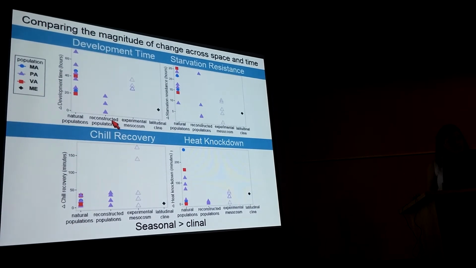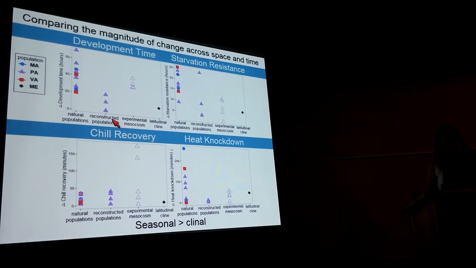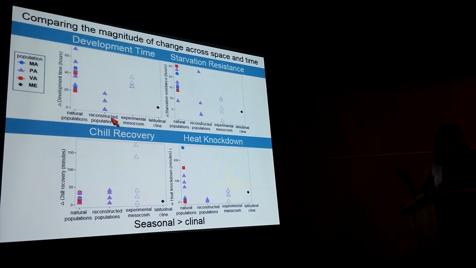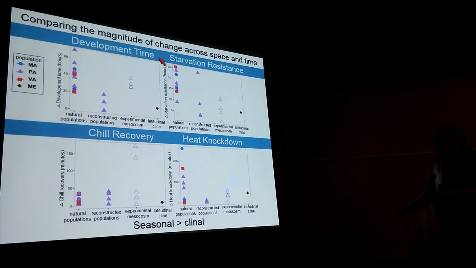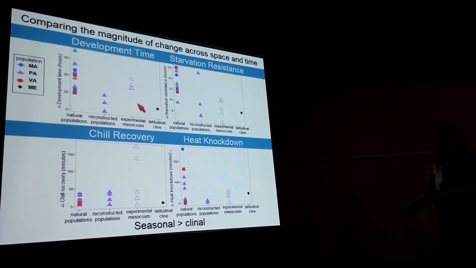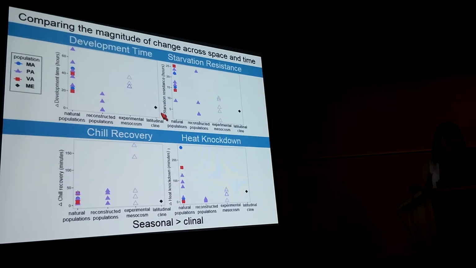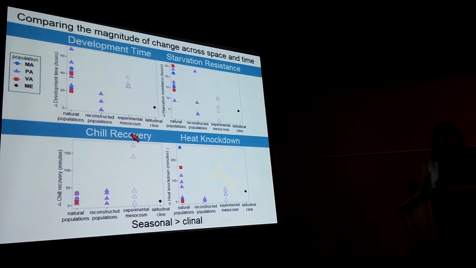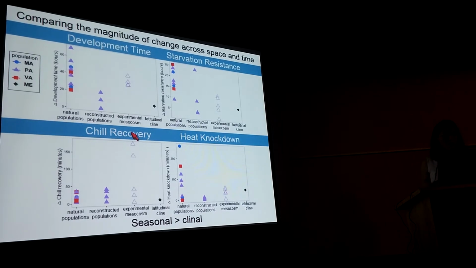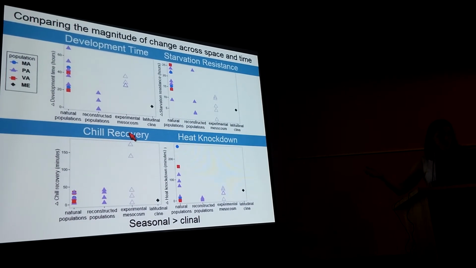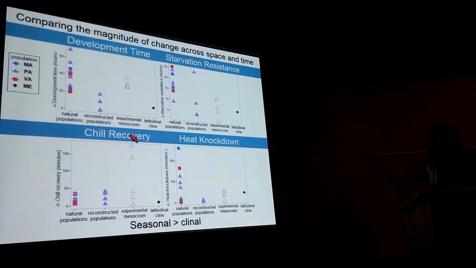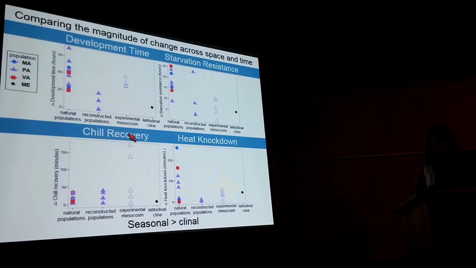It's lower in the reconstructed populations, and that may, to some degree, affect adaptation, the release of selection pressure of being in the lab. In the natural mesocosms, again, there's a lot of variation, but it's high. And all of this is showing that, all 3 of these are showing that seasonal change is equal to or greater than what's experienced over this very broad spatial scale.